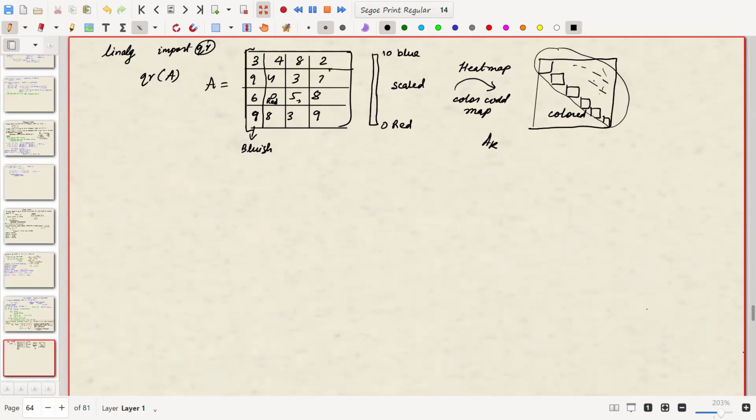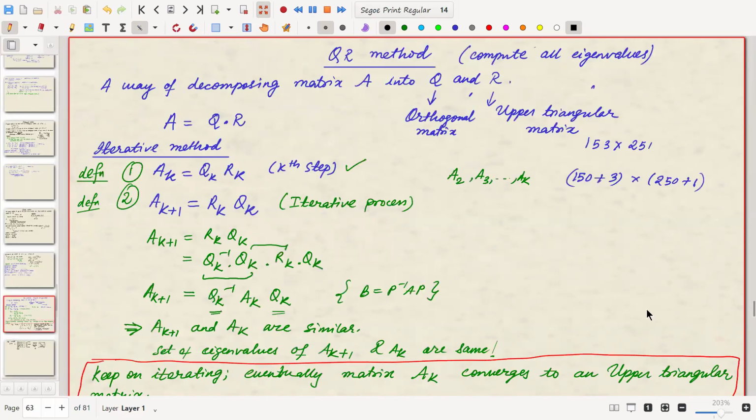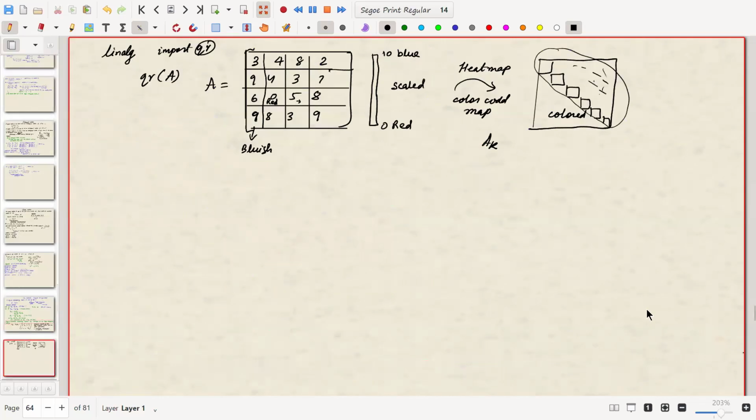You can see that the QR method was all matrices, no numbers, only symbols. Suddenly, we could come across colors. We are playing with colors. So whatever difficult the concept is, try to think of a way which can make it more intuitive to understand. Okay, let us go back to the code.